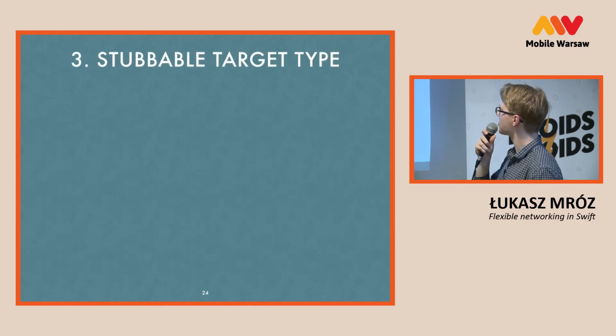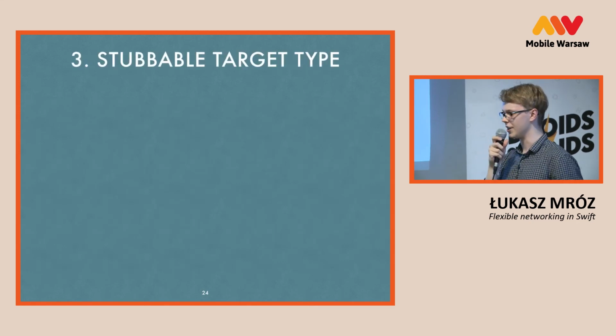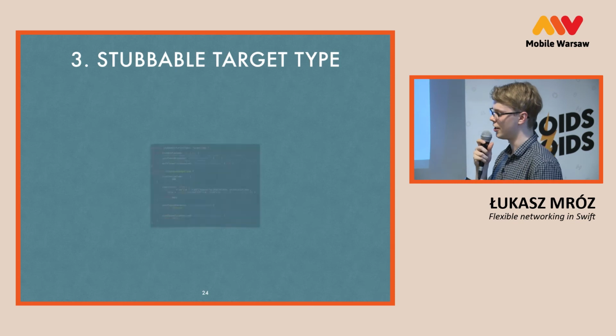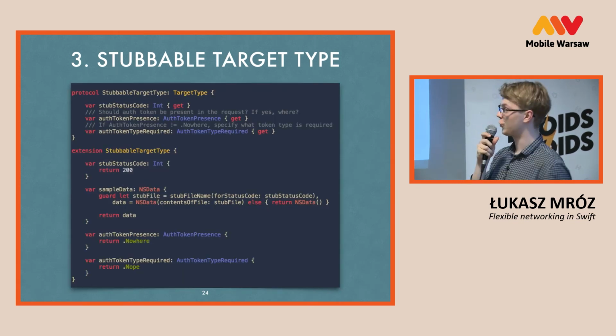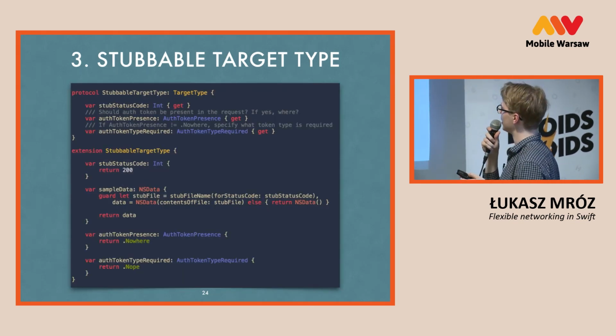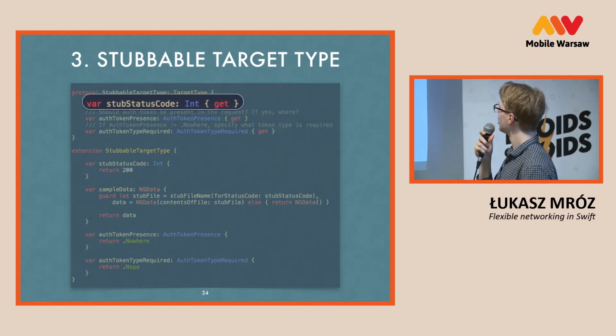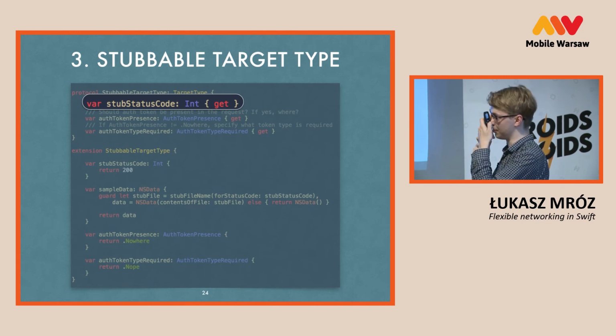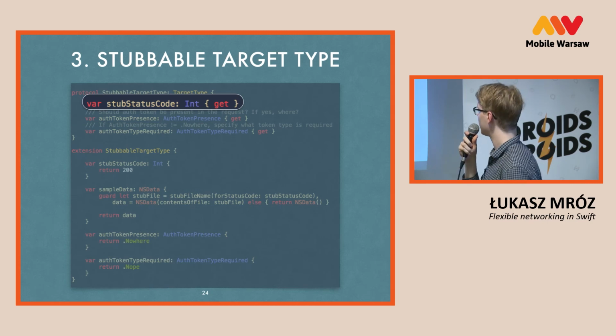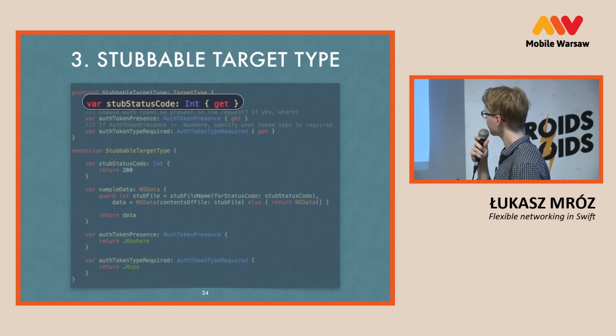There is the third step, which is another target type. So basically, I had to expand the target type we were talking about earlier with stub status code, which is to provide what status code we need to use in our endpoint closure. So it is an error, or is it a successful response?